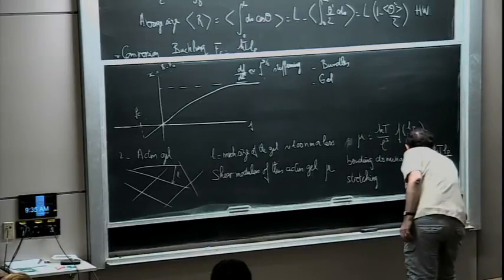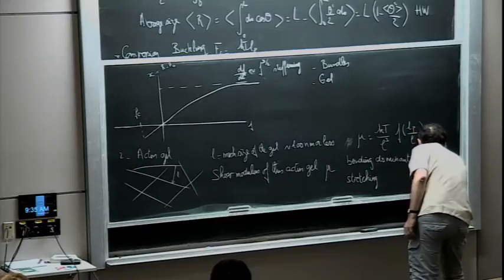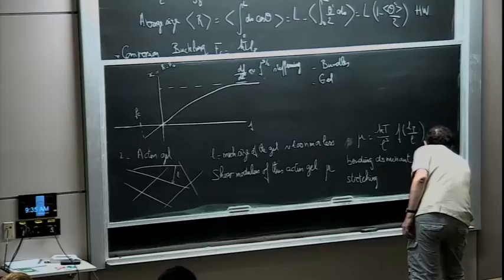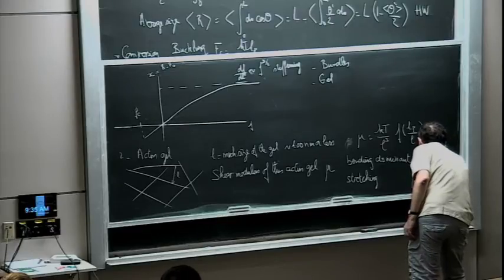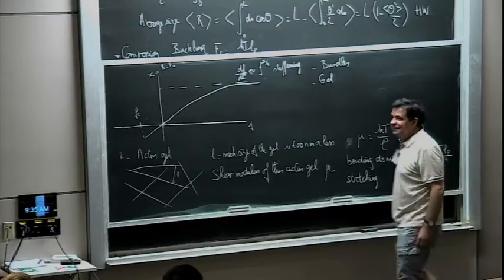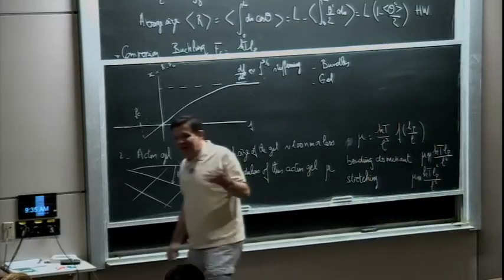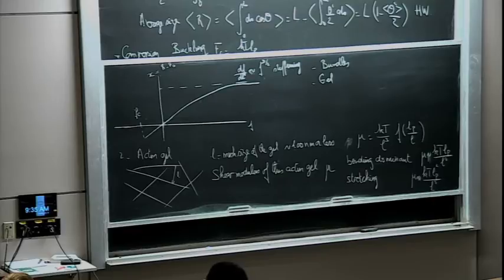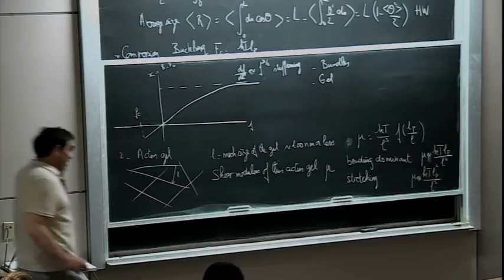So mu is kT Lp squared over L^5. And then, of course, one needs to have a complex discussion on when is bending dominant and when is stretching dominant. I won't do it. I leave it to people like Vincenzo and all the people I told you about in the first lectures.